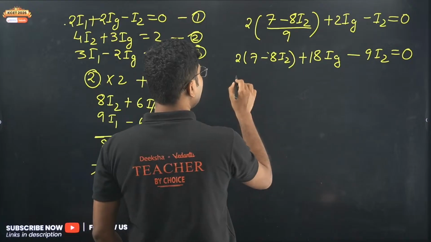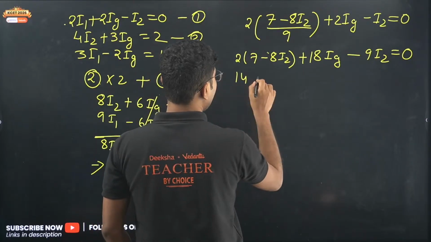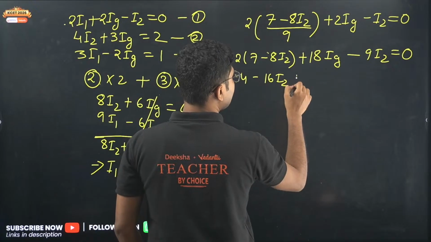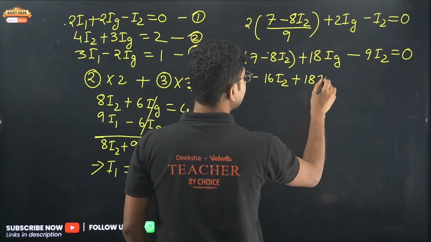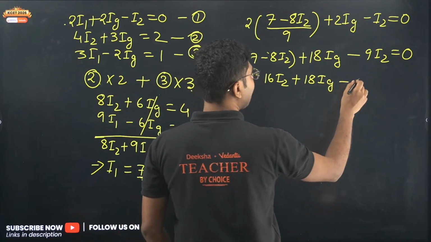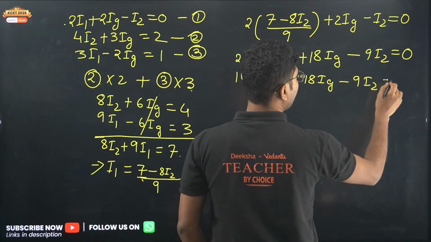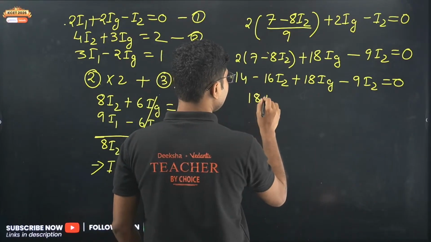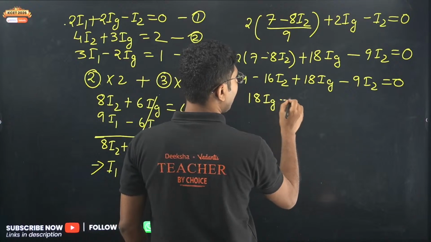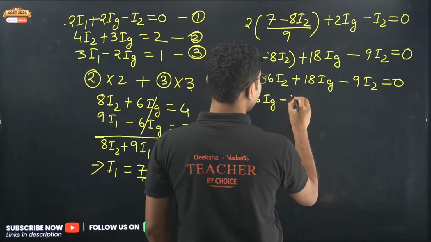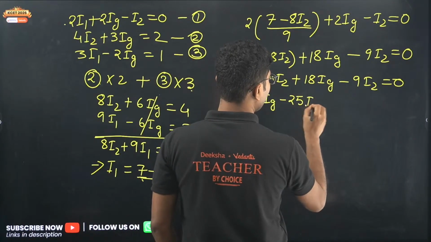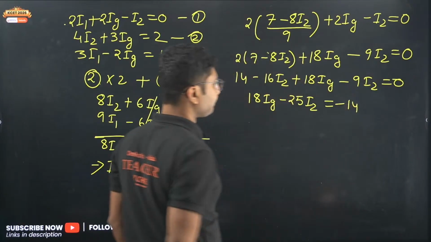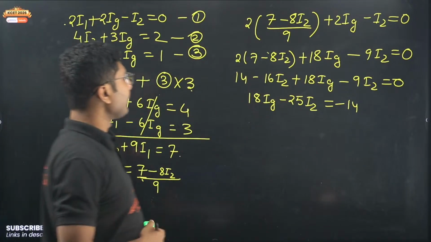Now simplify: 14 minus 16 I2 plus 18 IG minus 9 I2 equals 0. So now we get 18 IG minus 25 I2 equals minus 14. This is our equation number 4.